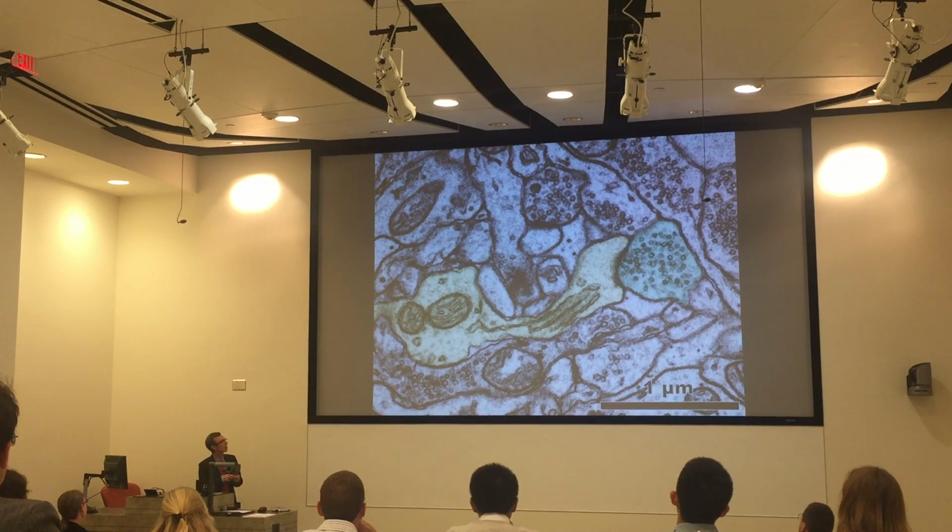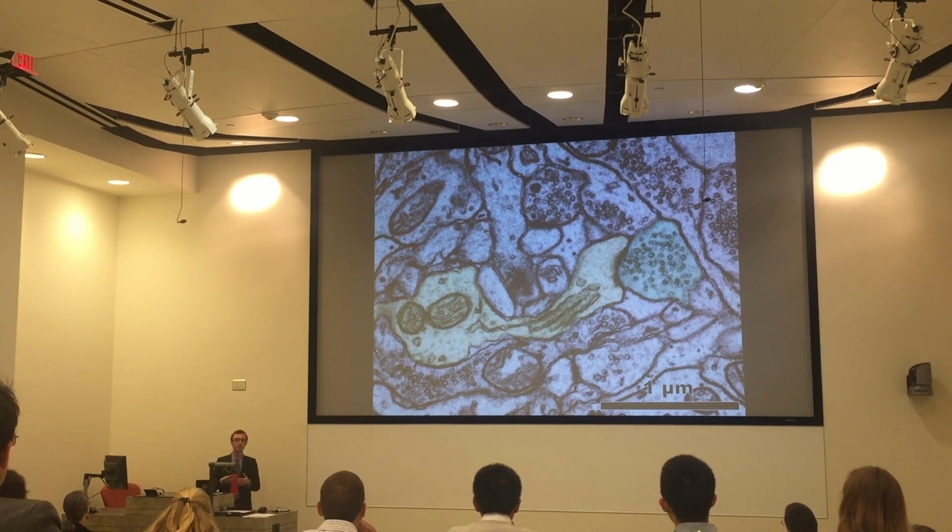And dendrites have these occasional protrusions, which are known as dendritic spines. And dendritic spines are actually the location of most excitatory synapses in the brain. And a subset of spines contain the organelle smooth endoplasmic reticulum, as shown in this spine here.